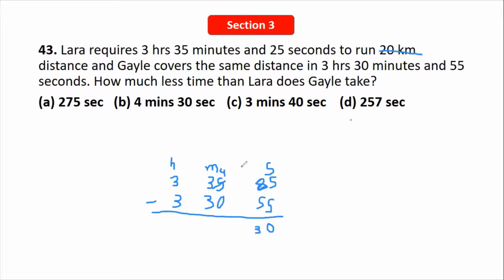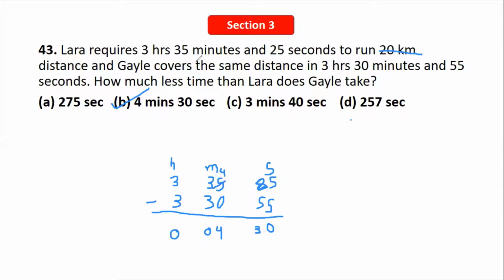Now we have 5 minus 0, which is 5. 3 minus 3 is 0. And 3 minus 3 is also 0. So Gail is faster than Lara by 5 minutes 30 seconds. So that is our answer.